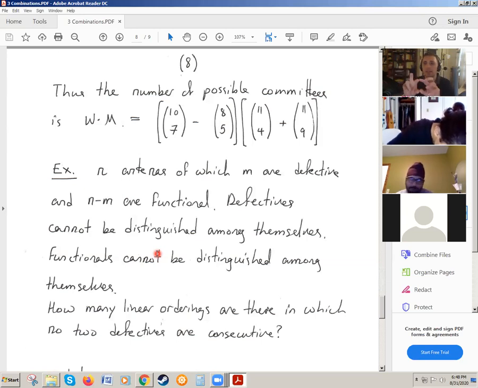So you don't see a string of 2 white pawns. You can see a bunch of blacks together, but you cannot see white, white together. That's pretty much what this problem is asking. So that's a difficult question, perhaps.